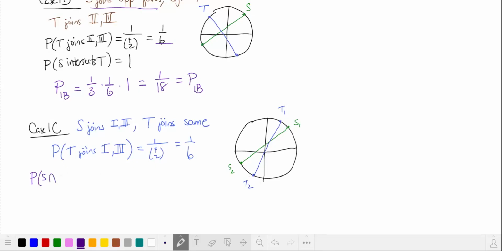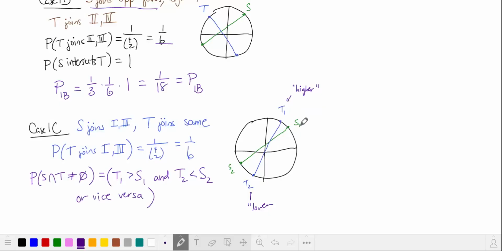So for these two segments to intersect, we need T1 to be higher than S1, as I described before, in the first quadrant, and T2 to be lower than S2, meaning it's further down in this curve than S2, or vice versa, meaning T1 is below S1 and T2 is above S2.